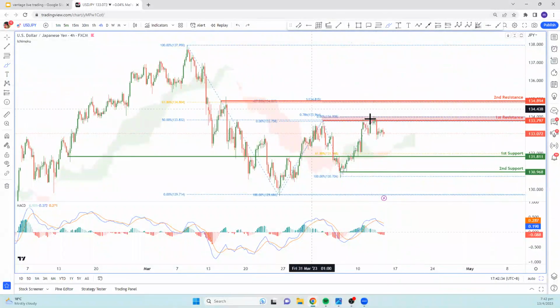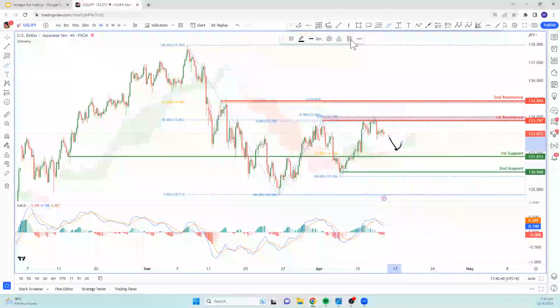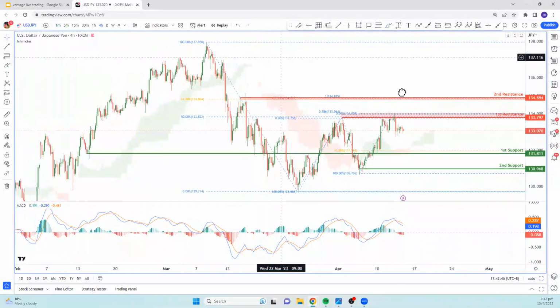And it recently reversed off of this area as well. So we could be expecting it to hit towards our first support or hit back towards the second resistance.